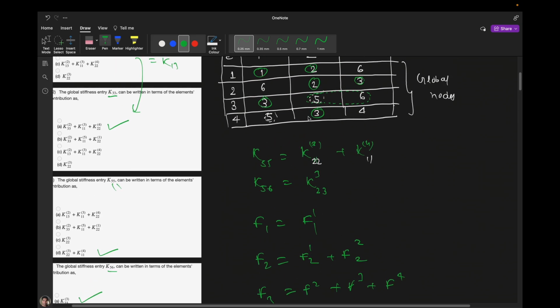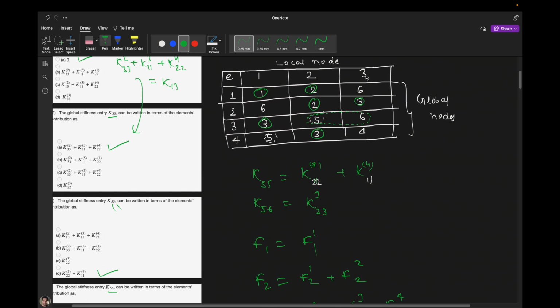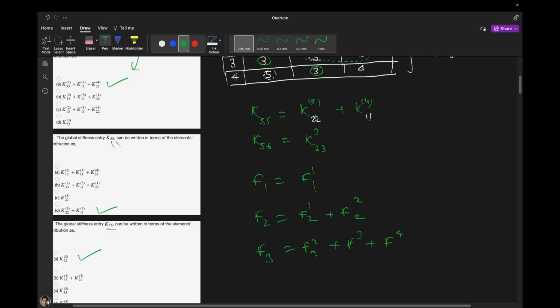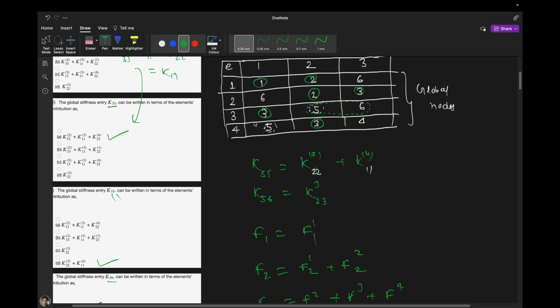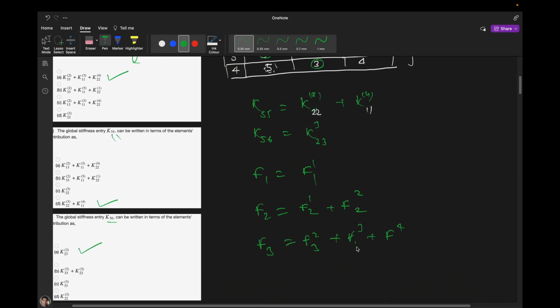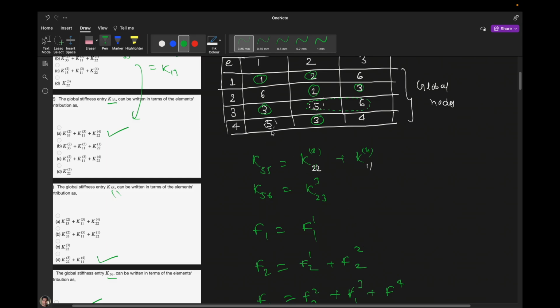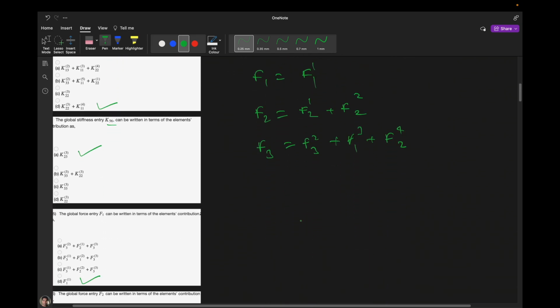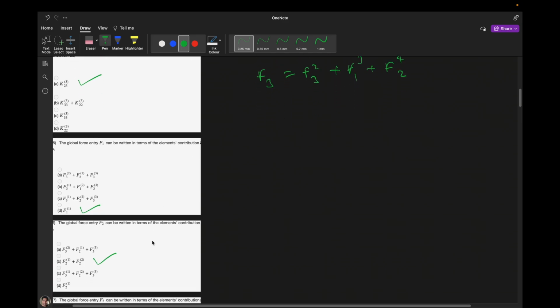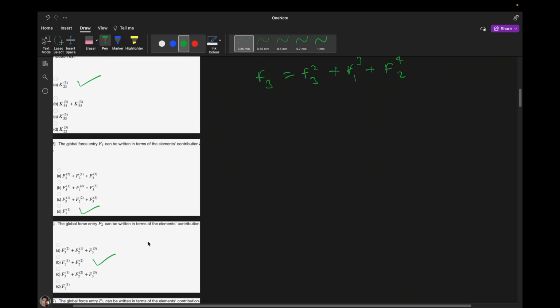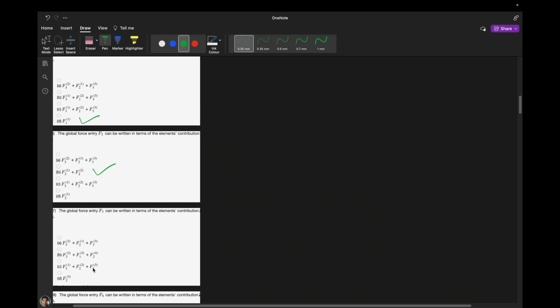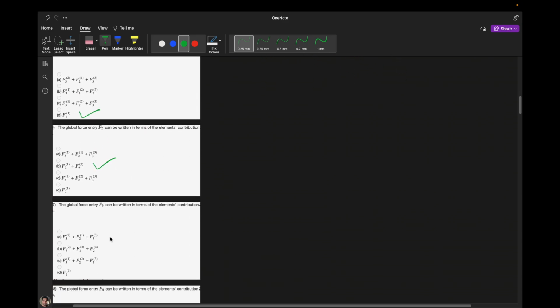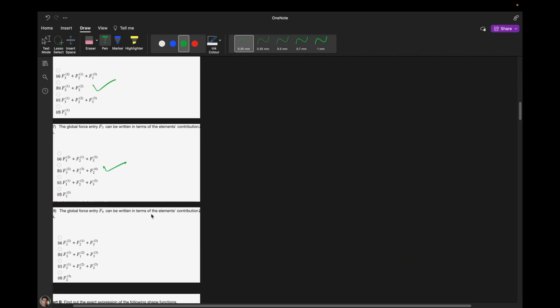Okay, and for element 2, what is the local node here? 3. For element 3, what is the local node? 1. And for element 4, what is the local node? That is 2. So what will be the answer for F3? That is F23, F31 and F42. So this will be the correct answer.